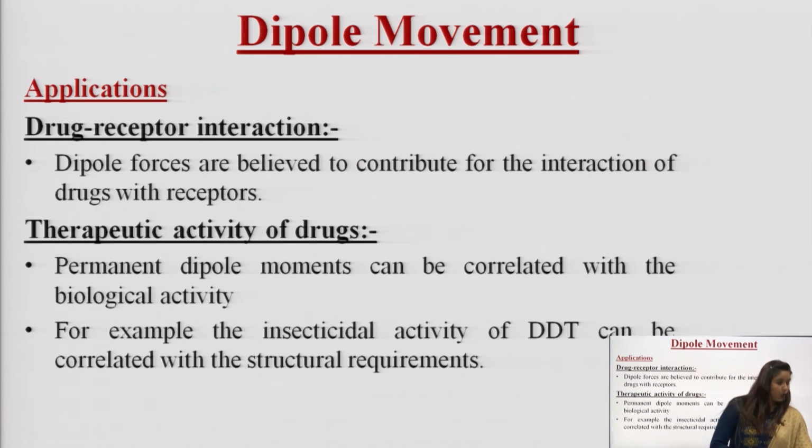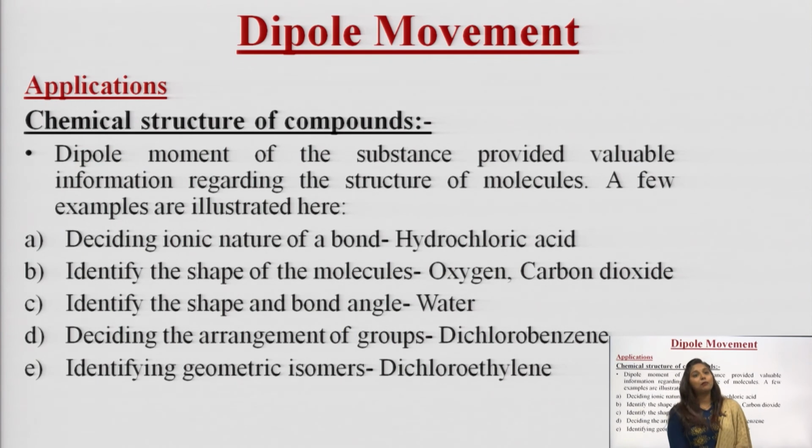Next application is the chemical structure of compounds. How does it help in that? The dipole moment of a substance provides valuable information regarding the structure of a molecule. A few examples are illustrated here. First is deciding the ionic nature of the bond, hydrochloric acid.